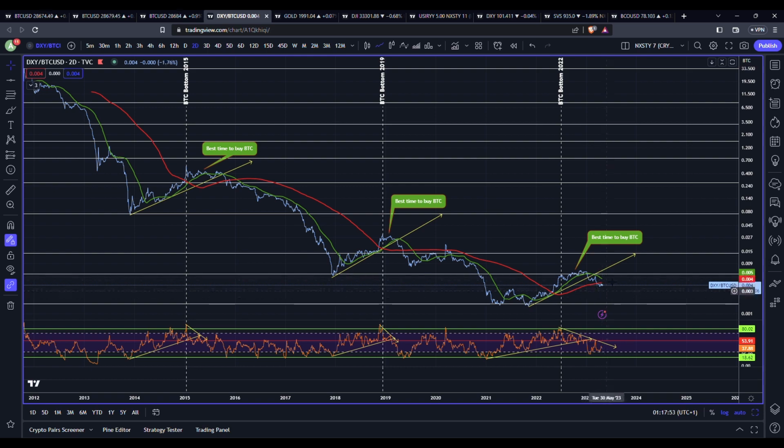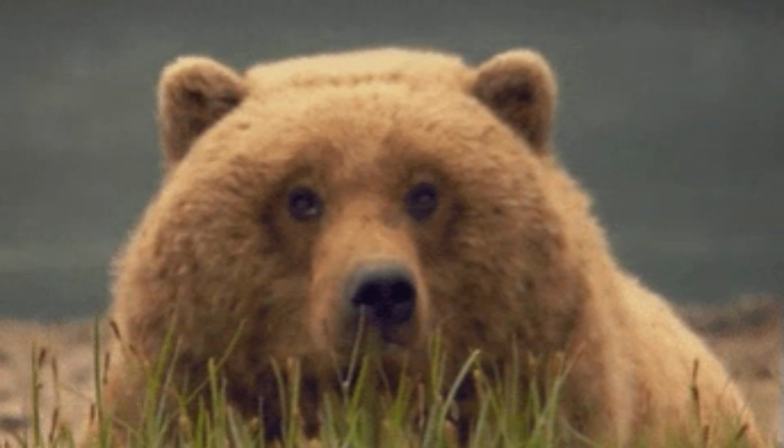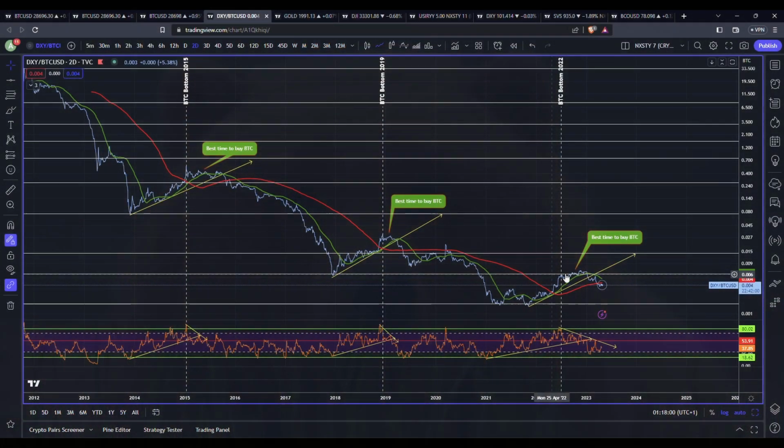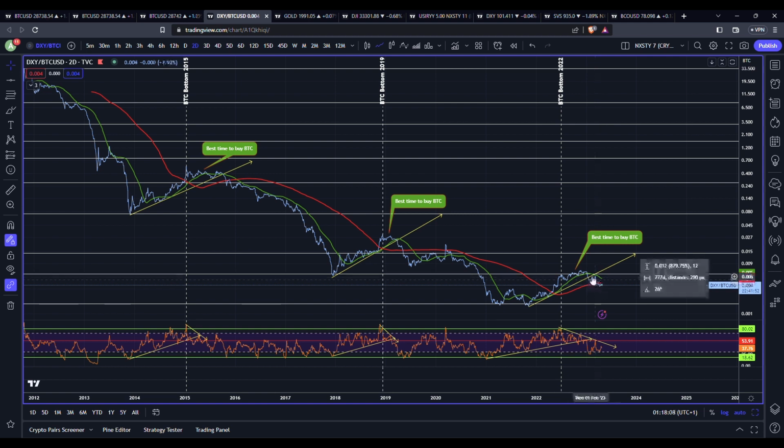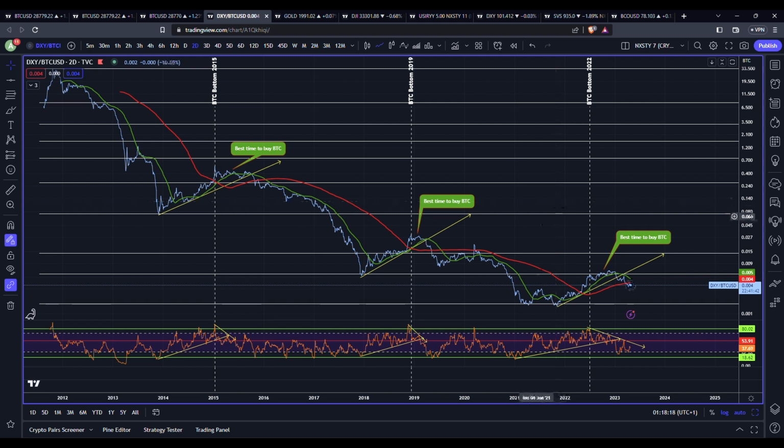So this is going to give us confirmation that the bull market already started, or whether the bottom is in. This tells us that the bottom is almost in. And that's why we think this chart is very important. We're going to keep a look at this chart and give you guys an update on what is going on with this chart.